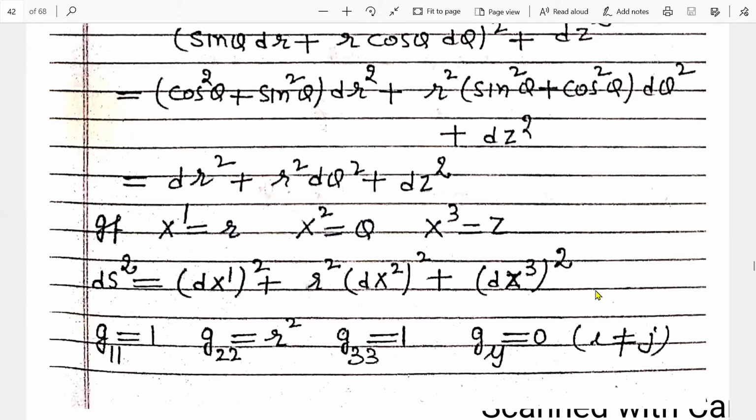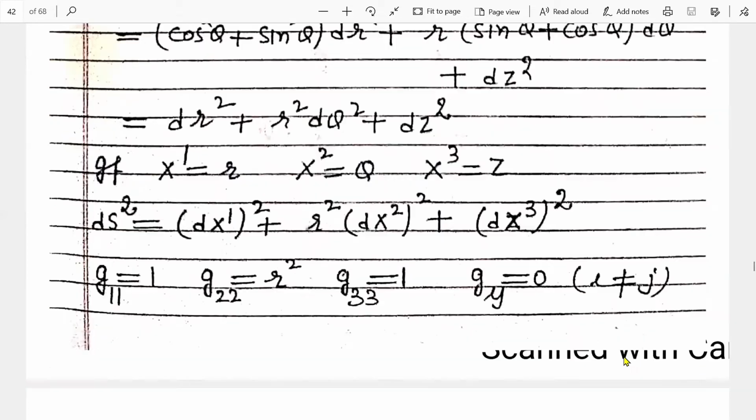Since no other terms are present, the value of Gij is 0 when i is not equal to j. So we get G11 equal to 1, G22 equal to r square, G33 equal to 1, and Gij equal to 0 when i is not equal to j. That is the case for cylindrical coordinates.